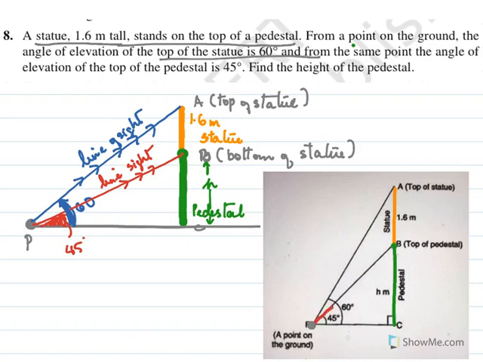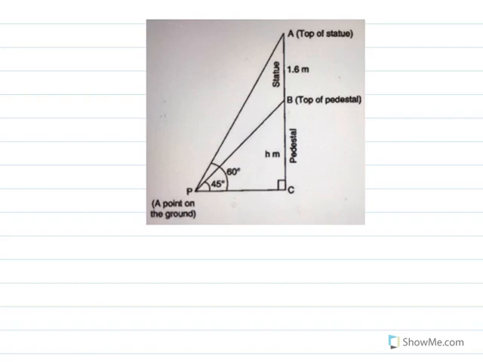B is the top of the pedestal, and when he looks at the top of the pedestal he makes an angle of 45, and when he looks at the top of the statue, which is out here, he makes an angle of 60. Our question is to find the height of the pedestal. However, the height of the statue is given as 1.6 here. Have you seen? This is given as 1.6, the height of the statue.